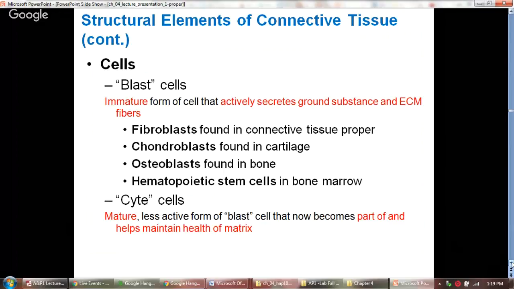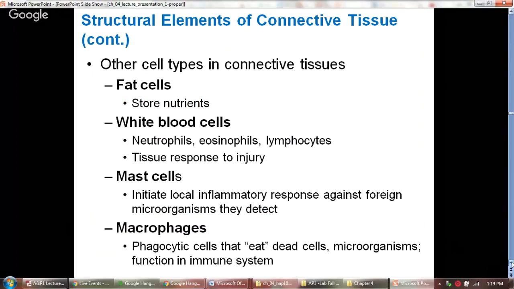Cyte cells. When you find the word cyte, you have to remember that it's a mature type. They're a less active form of the blast cells, and they now become part of the matrix and help maintain the matrix of the connective tissue.